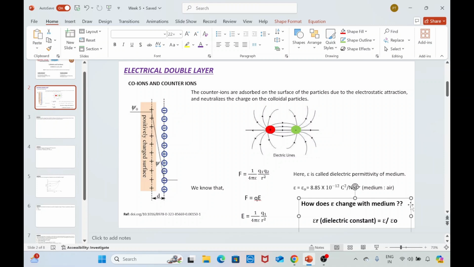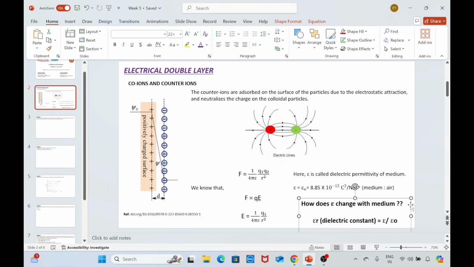So let's just leave this here, and let me give this as a home task. Do check and come for the next class on how epsilon changes with the medium, or what effect your medium has on the epsilon.